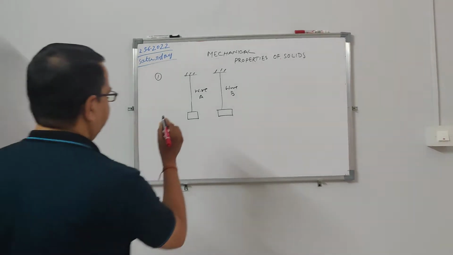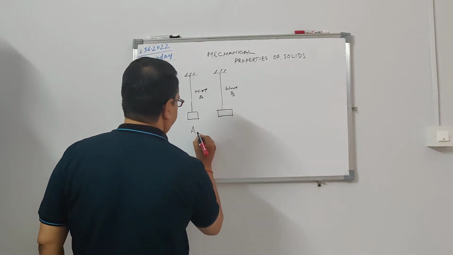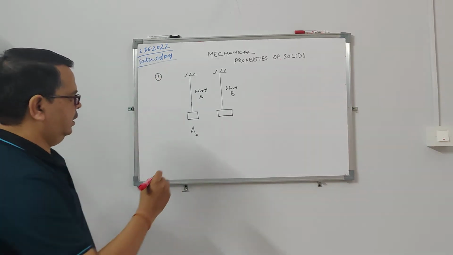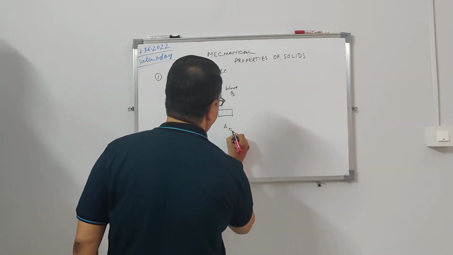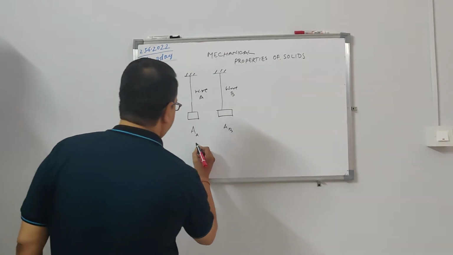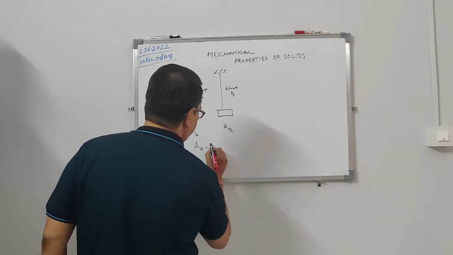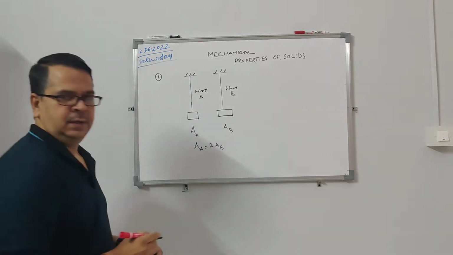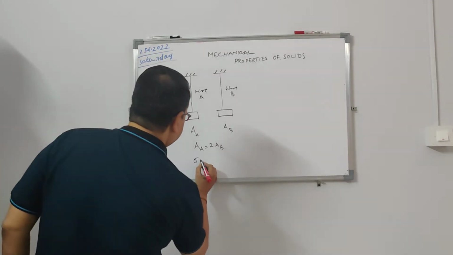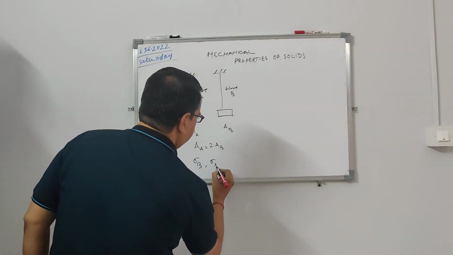So the area of cross section of wire A, and this is the area of cross section of wire B. The area of cross section of wire A is double that of wire B, so AA is equal to 2 times the area of cross section of B. Compare the stress on B with the stress on A. What is the relationship between sigma B and sigma A?